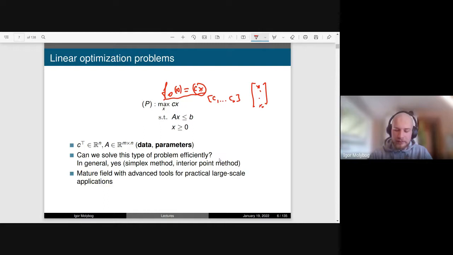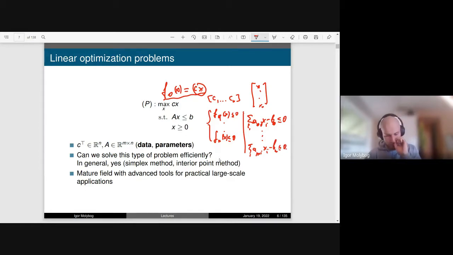If we would like to represent this in the form that we had before, f1 of x less than or equal to 0, and so on, fm of x less than or equal to 0, then we would have the following form: the summation over i of a0i xi minus b0 less than or equal to 0, and so on, the summation over i of ami xi minus bm less than or equal to 0.